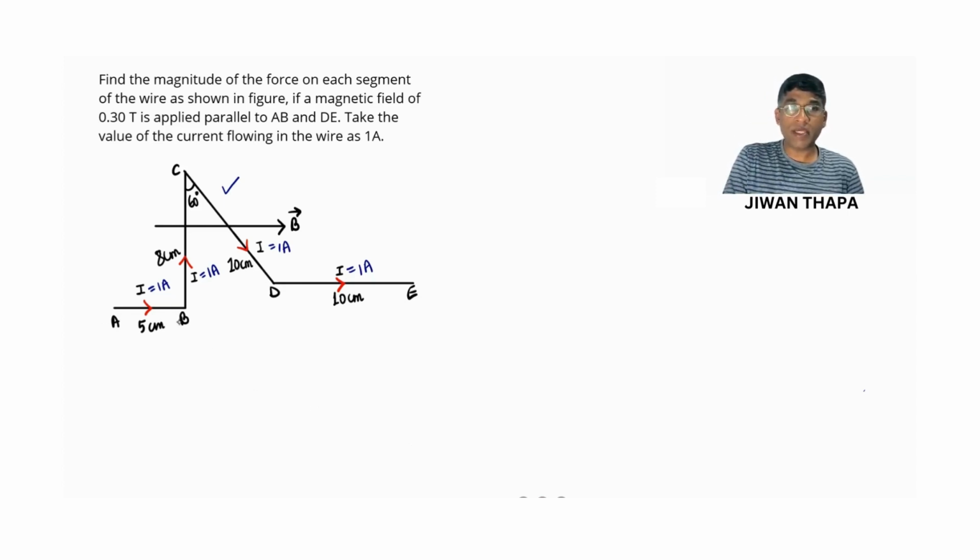So we have segment AB of length 5 centimeter and carrying current I equals 1 ampere from end A to B. And next we have segment BC of length 8 centimeter carrying current I equals 1 ampere from B to C. And next we have segment CD of length 10 centimeter carrying current I equals 1 ampere from C to D. And we have segment DE of length 10 centimeter carrying current I equals 1 ampere from D to E.